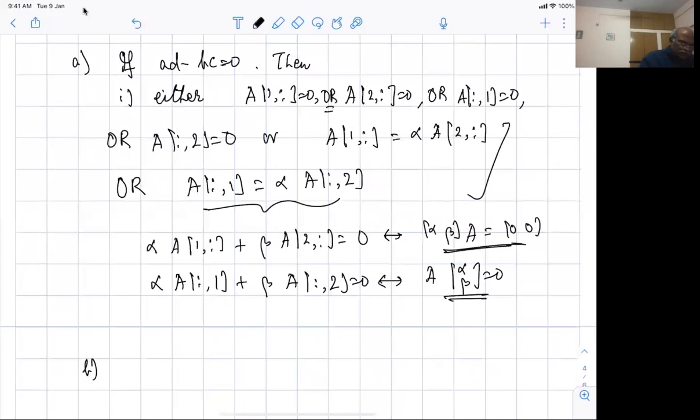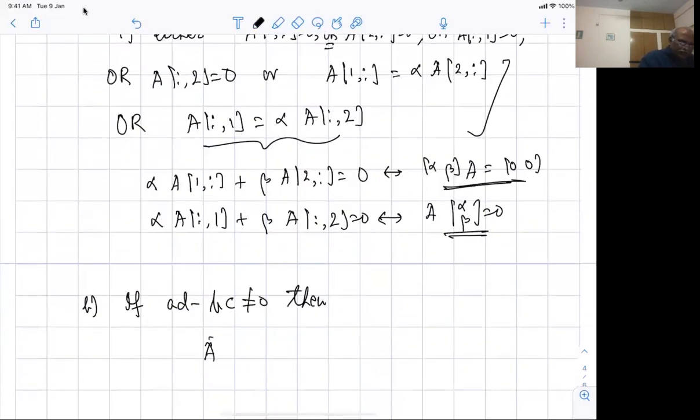If ad minus bc is not equal to 0, then A inverse is equal to 1 over (ad minus bc) into (d, -b; -c, a). So just verify that for a 2 by 2 matrix, I have this inverse.